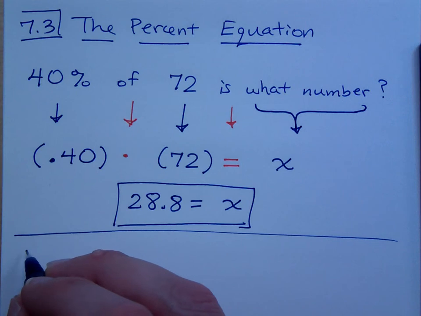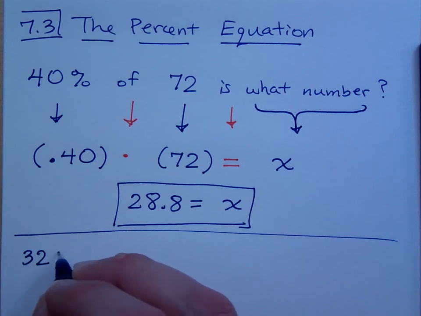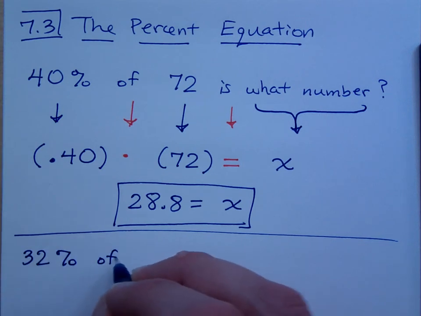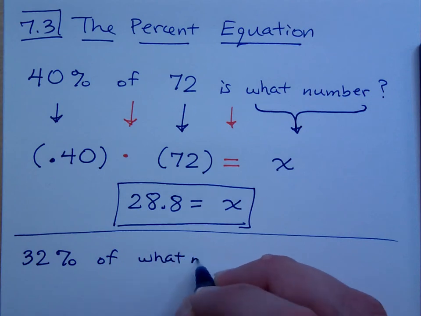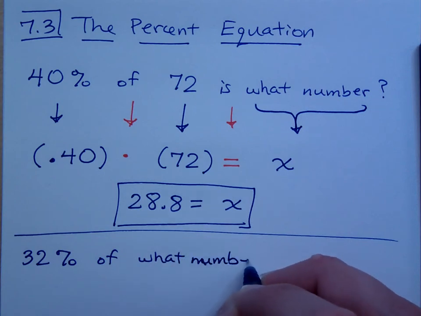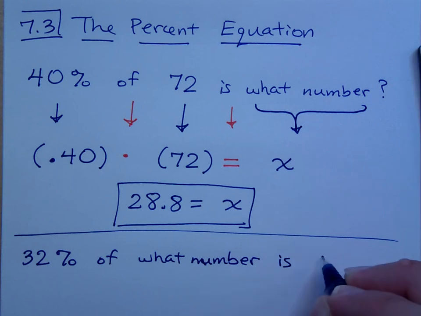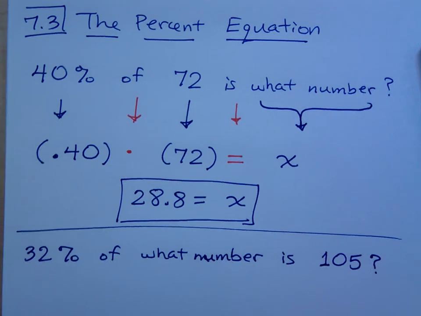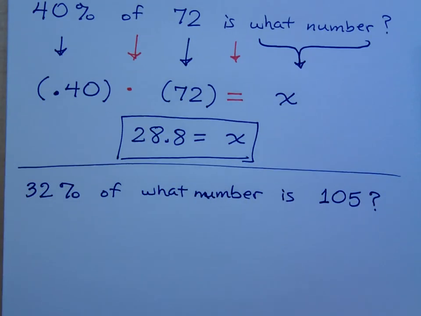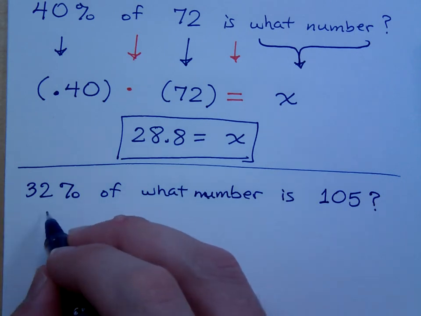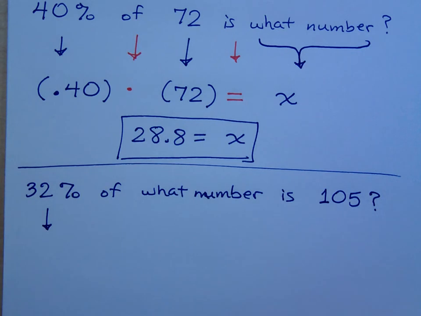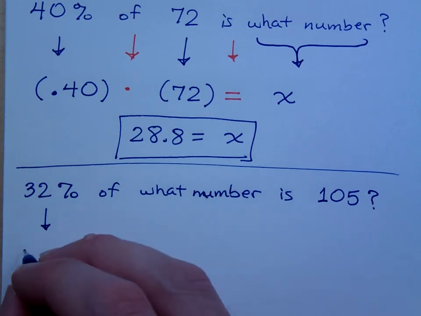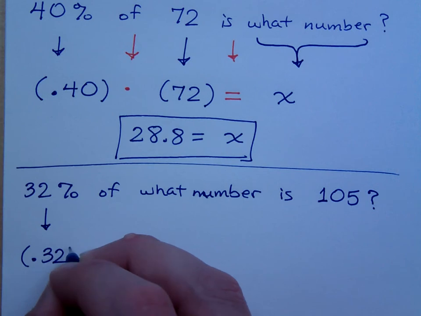Okay, I could say this. What is the answer here? 32% of what number is 105? Take the words you see and write the equation. How do you translate 32%? 0.32.